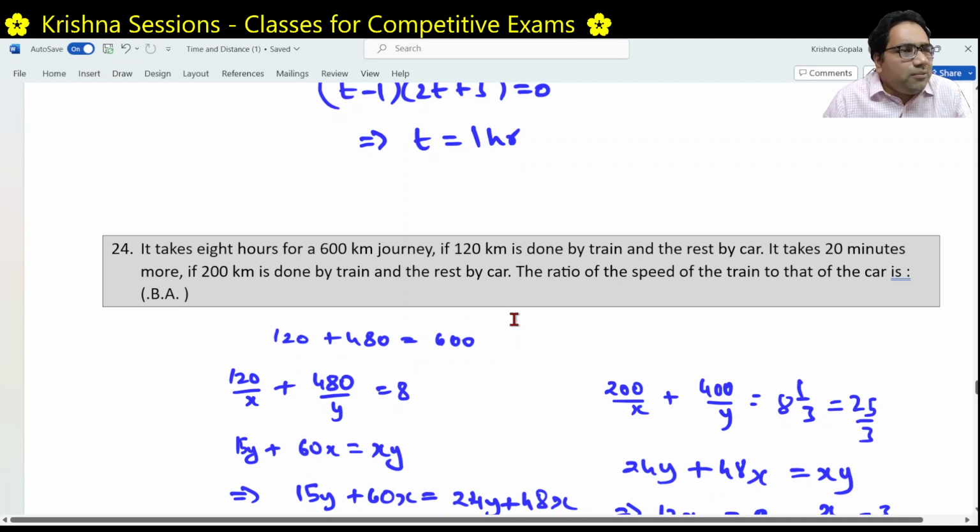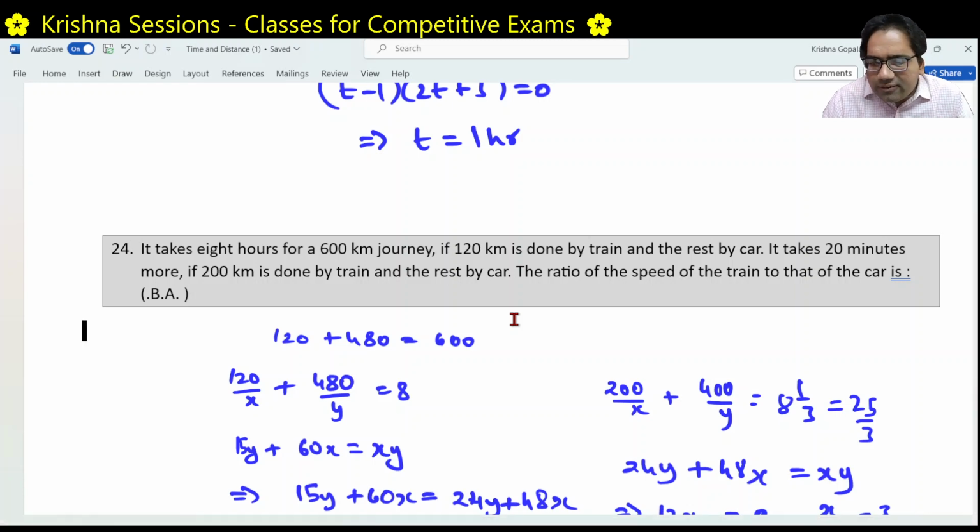For example, if you have to travel some part of your journey in flight and some part in train, then it takes some time. But if you are traveling most of your journey in flight, your time taken would be much lesser because flight is much faster than train, right? Let's say how to move from Bangalore to Amritsar, some part in train and some part in flight.